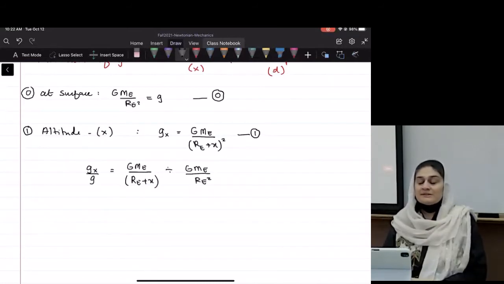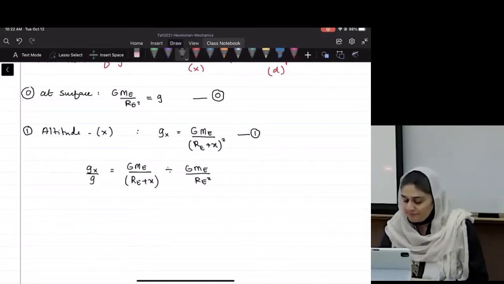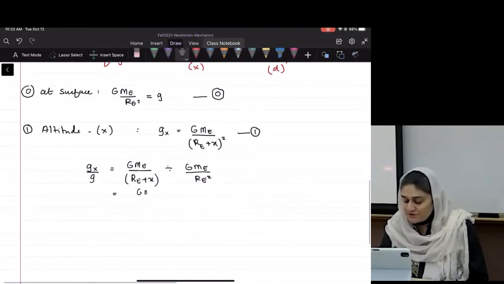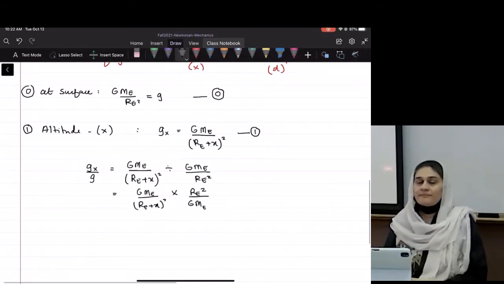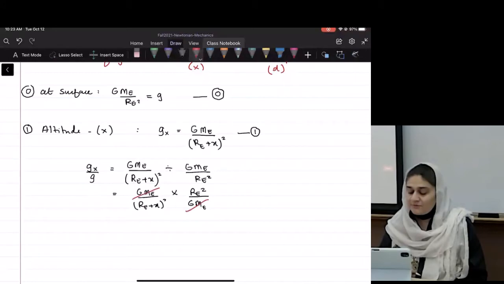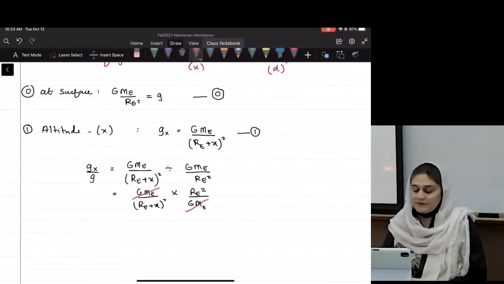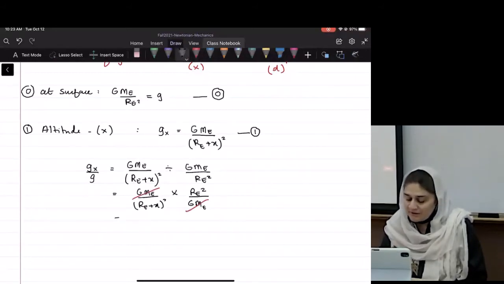May I change the division sign so it becomes G M_E over (R_E plus x) squared times R_E squared over G mass of the Earth? May I get rid of these two? May I take R_E common out from this?